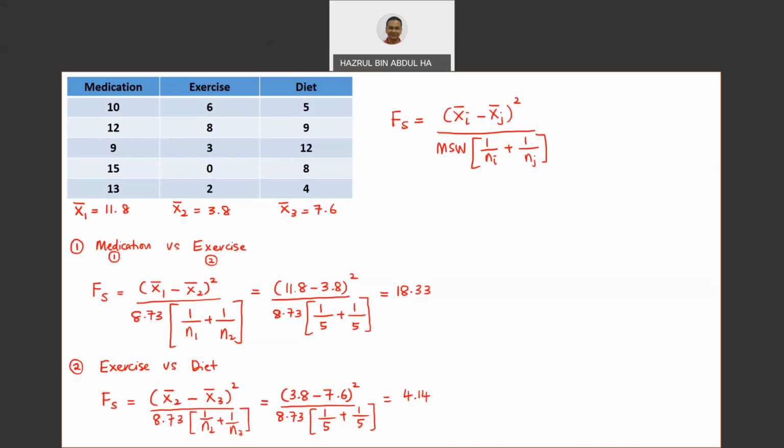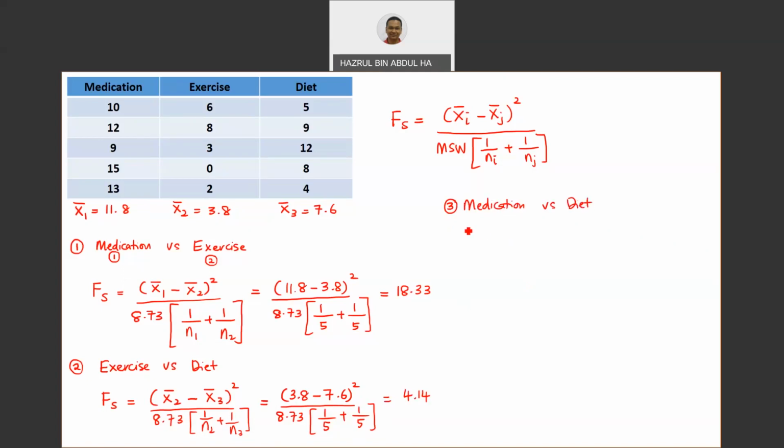Next we proceed to the third comparison, between the first group and the third group, which is between medication and diet.